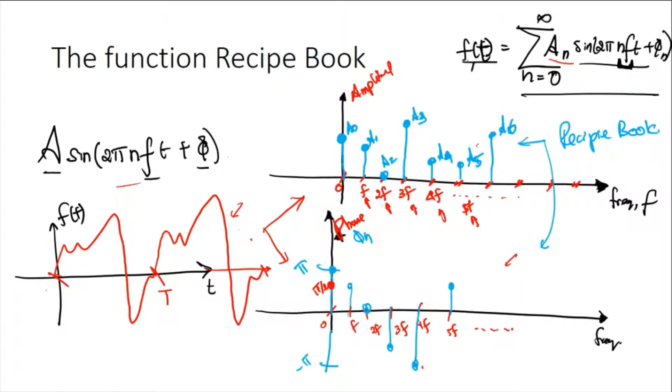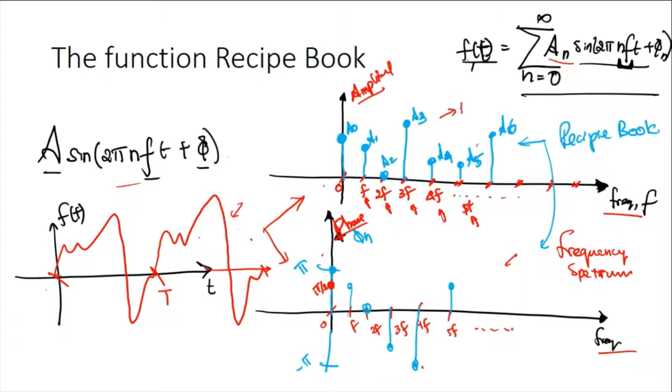The main thing that I want you guys to take away from this is that any function f of t can be expressed in this format, as a plot of amplitude versus frequency and a plot of phase versus frequency. So these two combined give you the recipe for forming f of t, and this is called the frequency spectrum.